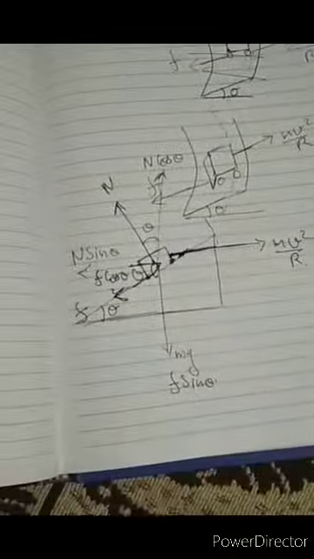So these are the two components of this f. Now we just have to make the equations, and then here we go with our solution.